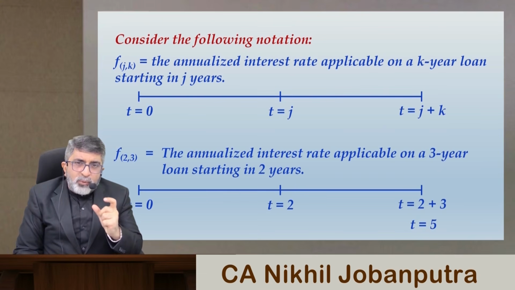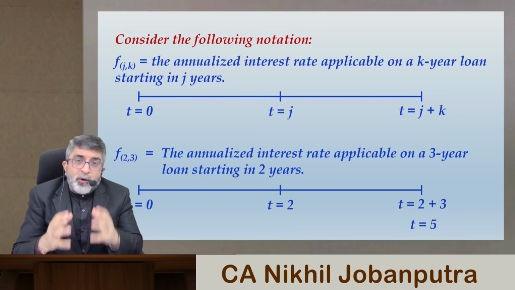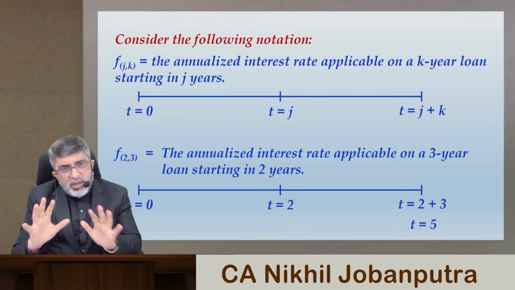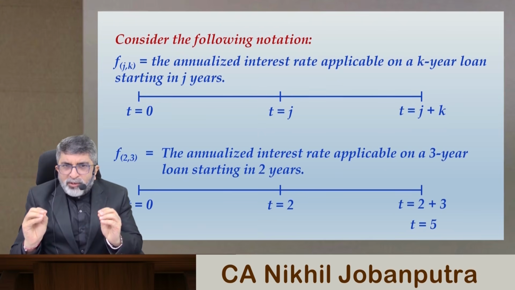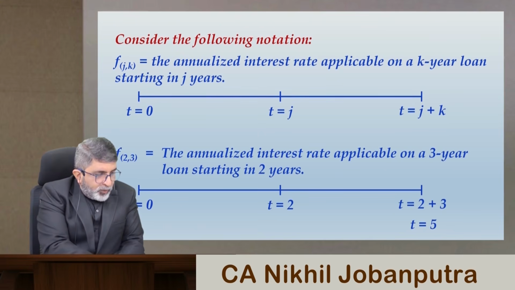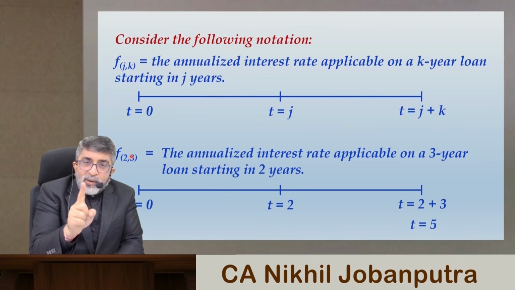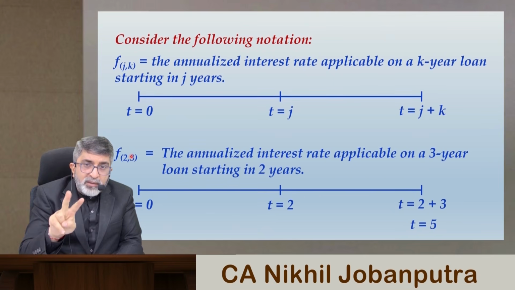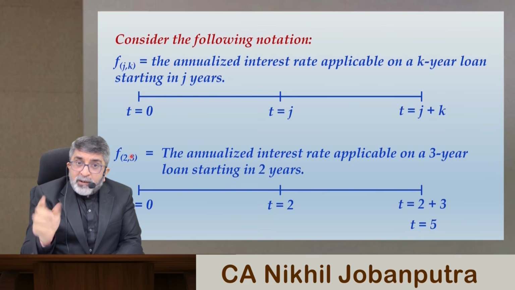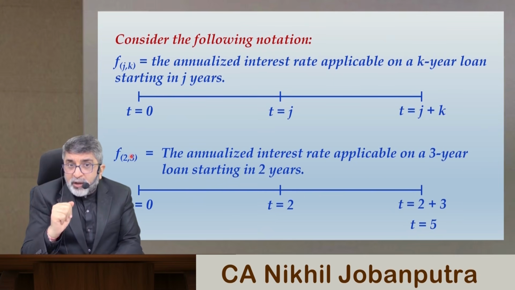Sometime back I was telling you that mathematically spot rates and forward rates are connected. Here is one simple straight logic. If I want to identify f2 comma 3, it will start at which year? 2 year. It will terminate at which year? 5 year, because the loan is for a period of 3 years.